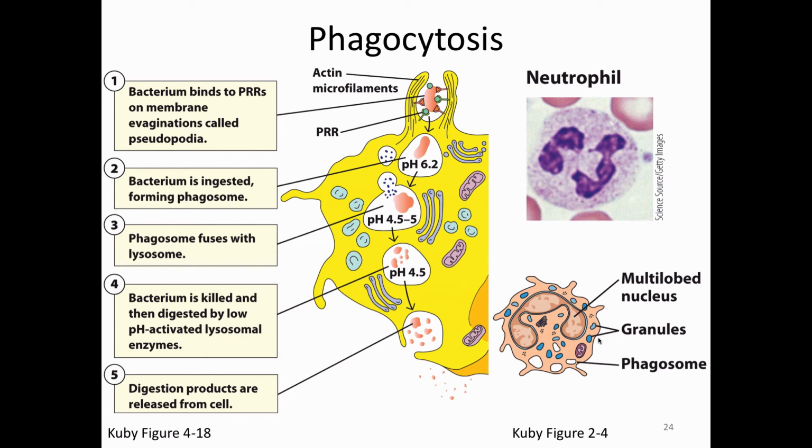The phagosome will have a somewhat acidic pH, and it will in fact mature throughout the cell, getting more and more acidic, and eventually fusing with the lysosome. The acidic pH, as well as lysosomal enzymes, will then destroy that microbe. And we're eventually going to get to digestion products that could be released or that can be used as more metabolic products for our cell.